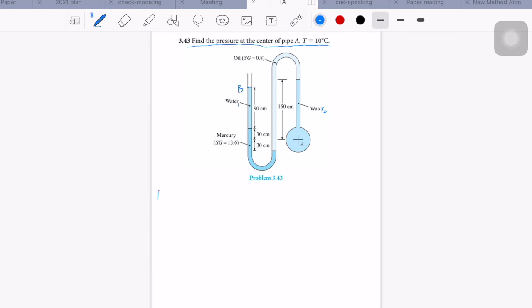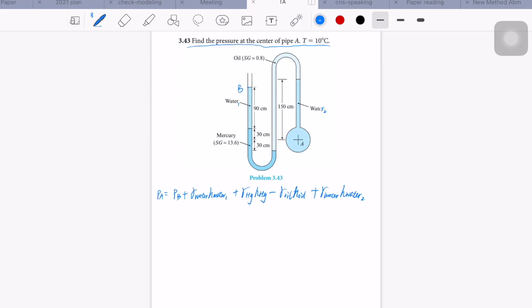So PA should be equal to PB plus gamma water times H water 1 plus gamma mercury times H mercury minus gamma oil times H oil plus gamma water times H water 2.